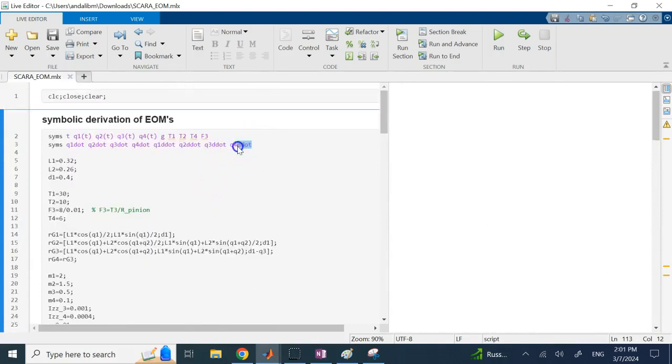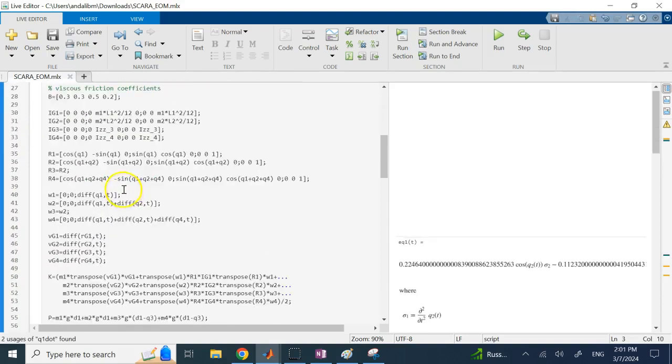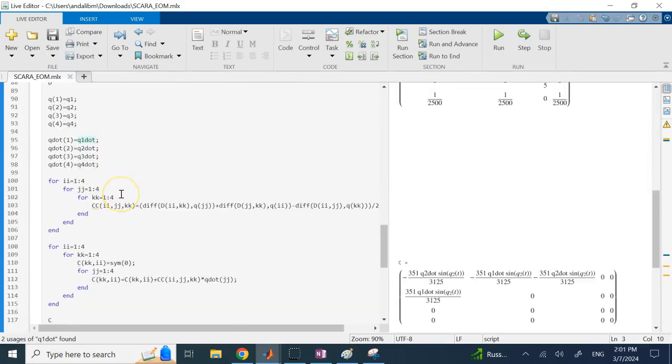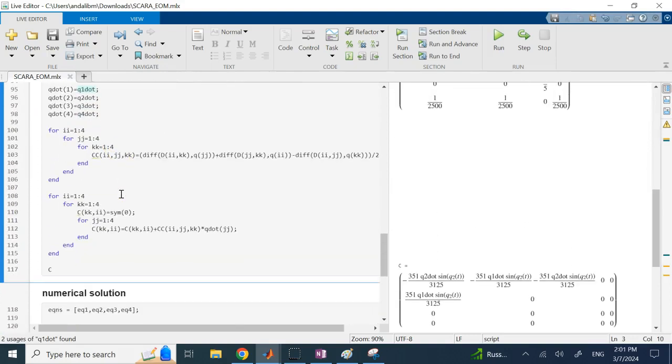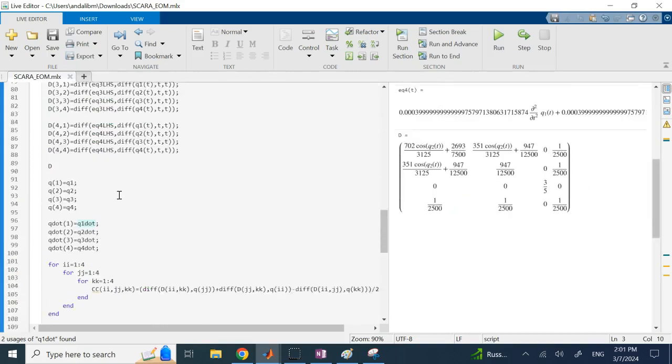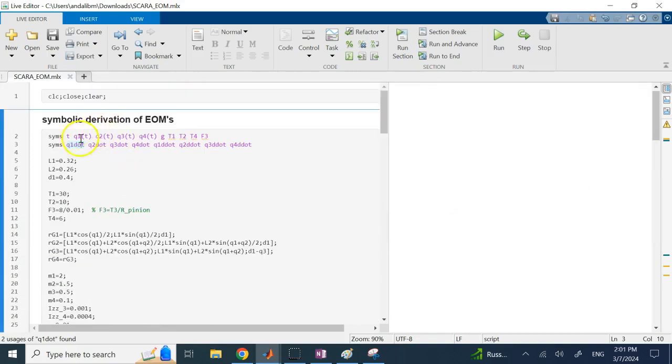So here I define everything symbolic, okay? These Q1 dots and Q2 dots, later I used to write my D's and C's a little bit nicer, but I don't really need them. All I need is to define T, Q1, 2, 3, 4, all as time variables. And then I also need to define G here. And G does not really need to be symbolic.